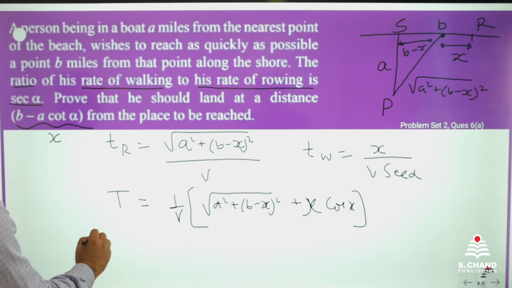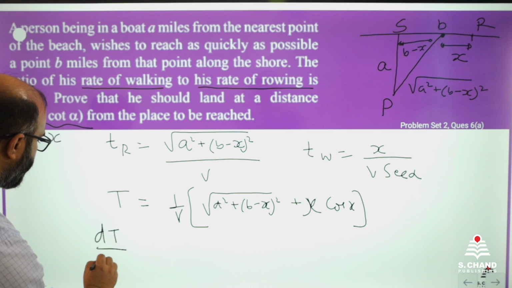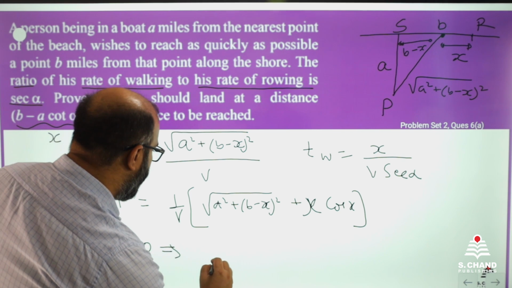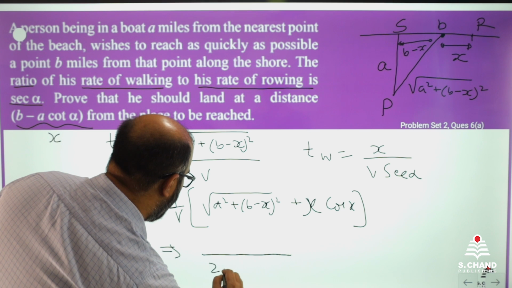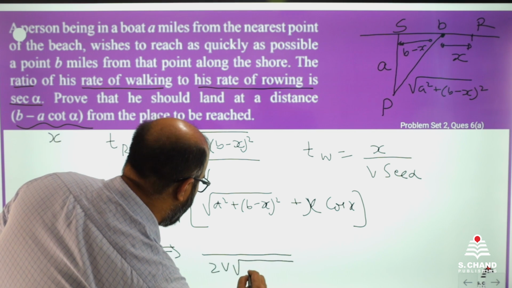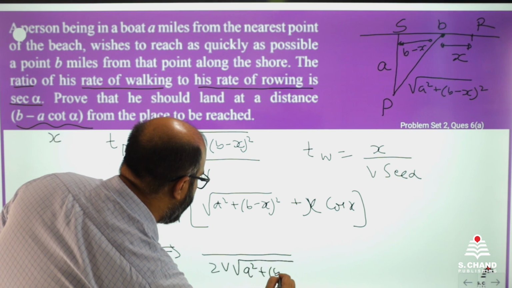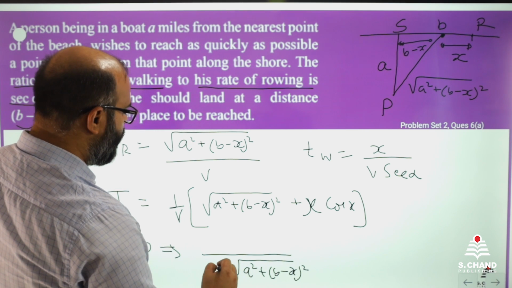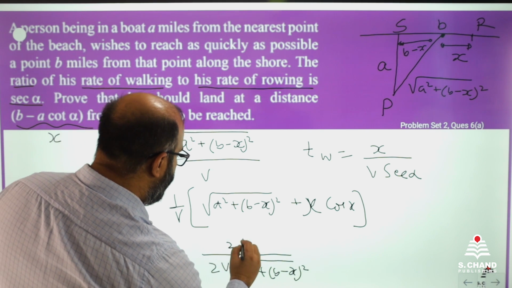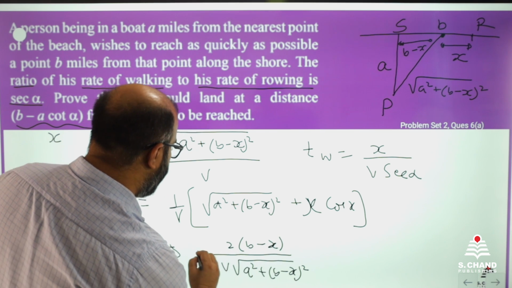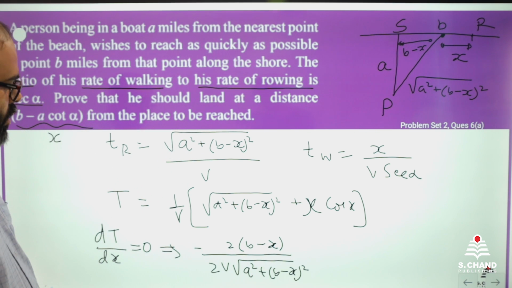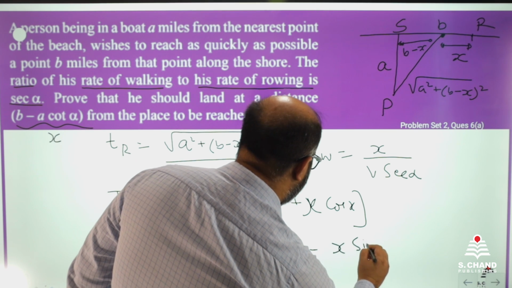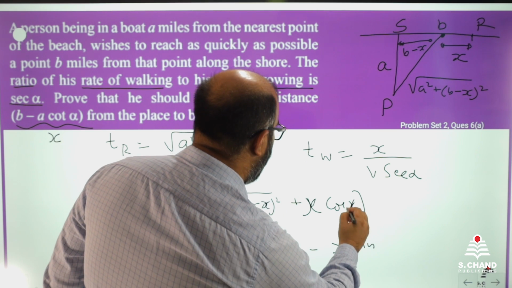Now for minimum time, dt by dx should be equal to 0. So if we take dt by dx, this will become 2v root over a square plus b minus x whole square, and then we have 2b minus x with a minus sign, like this, plus minus x sine alpha.